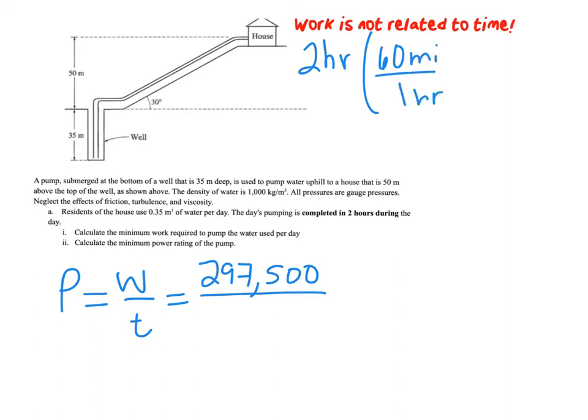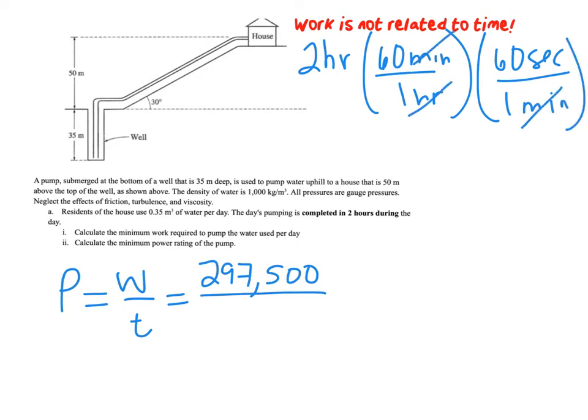And then we'll do 60 seconds per 1 minute. All right, and then we get minutes and hours to cancel. So we have 2 times 60 times 60, and that will give us 7,200.